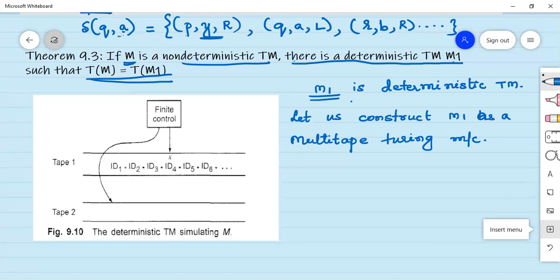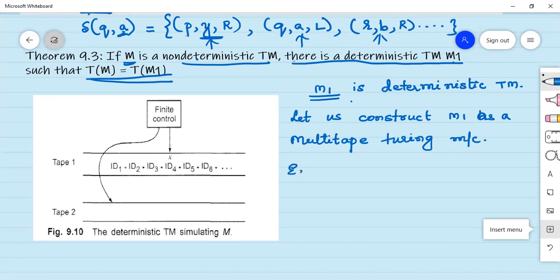Every symbol in the input might lead to a change in ID. So it can lead to this ID or this ID or this ID or any other ID. So M1 should be able to reach all IDs and stop when an ID containing a final state is reached. Is this clear?